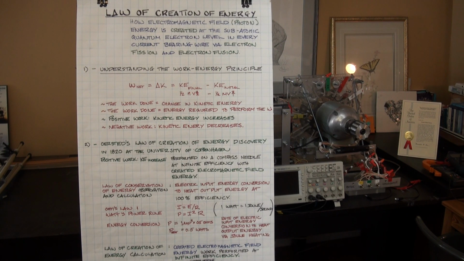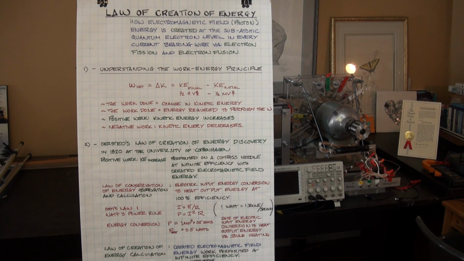In this video today we're going to be looking at the law of creation of energy, how electromagnetic field photon energy is created at the subatomic quantum electron level in every current bearing wire via electron fission and electron fusion.